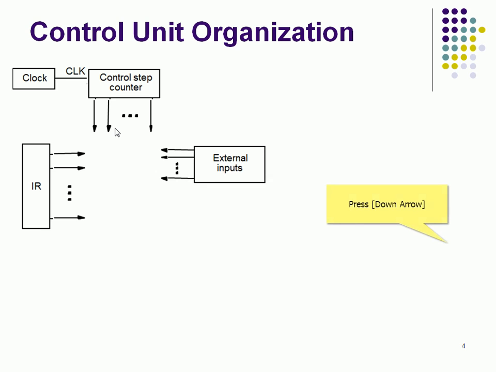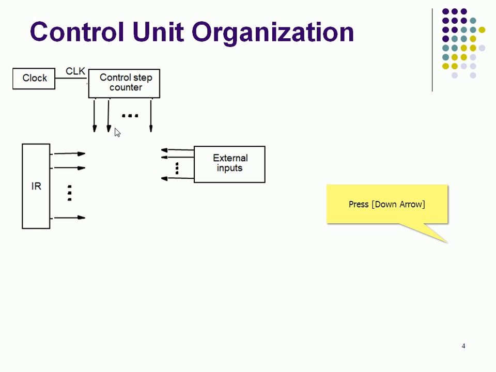We have external inputs. That set of external inputs is also going to be input to this decoder. Those external inputs may be interrupts, or memory function completion. So if any memory related operations are initiated, those are going to be pointed out here and considered for the instructions.